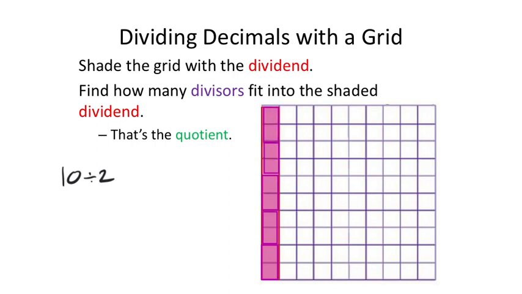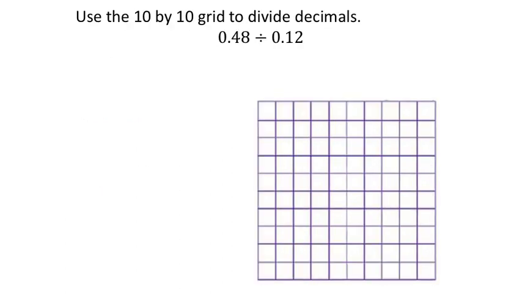It's the same idea, it's just now they're going to be in decimals. That's why 10 divided by 2 is 5. How many 2's fit into 10? So on this one, this is 48 hundredths divided by 12 hundredths, which is the same as asking how many 12 hundredths fit into 48 hundredths.